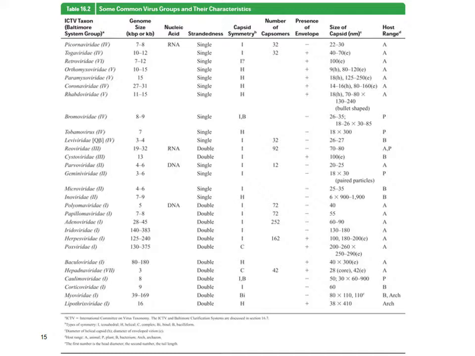Genome size is 7 to 8 kilobases, nucleic acid type RNA, strandedness, the RNA is single-stranded, capsid symmetry, icosahedral, number of capsids 32, presence of an envelope, Picornaviridae lack envelopes, size of capsid is noted, and the host range tells us that the Picornaviridae infect animals.